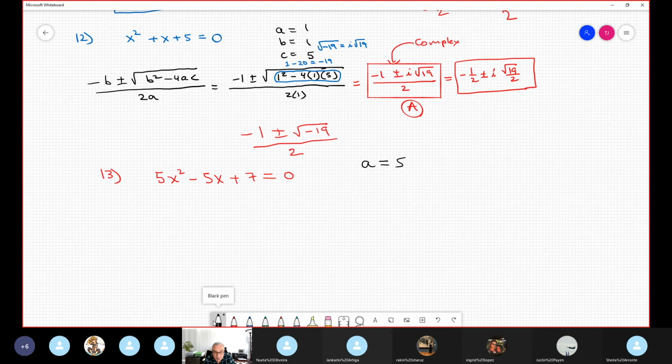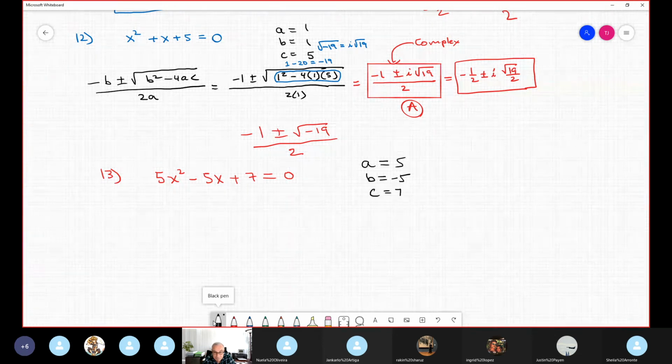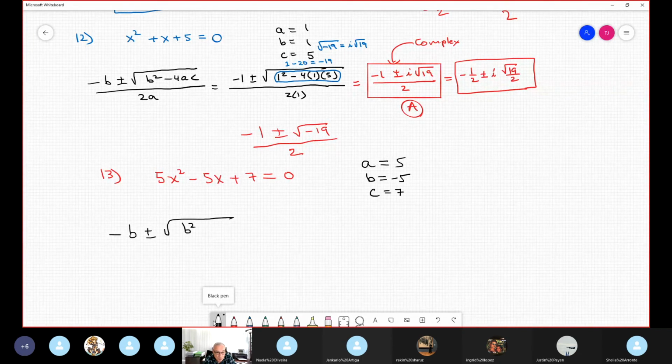Identification of the coefficients: A is 5, B is negative 5, and C is 7. Plugging it into the formula: negative B plus or minus the square root of B squared minus 4AC, divided by 2A. Minus 5: double minus, the minus of the formula and the minus of the value become positive.